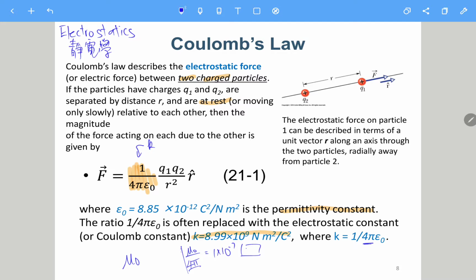And here we'll also see the duality. For some of the equations you learn in electrostatics and some of the equations you learn in magnetism, sometimes you only change epsilon naught to 1/mu naught, and then you change E to B. It will be pretty much like that, and then you get the duality between the formulas in electrostatics and magnetism.